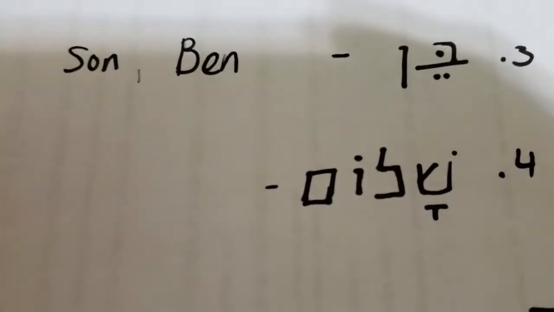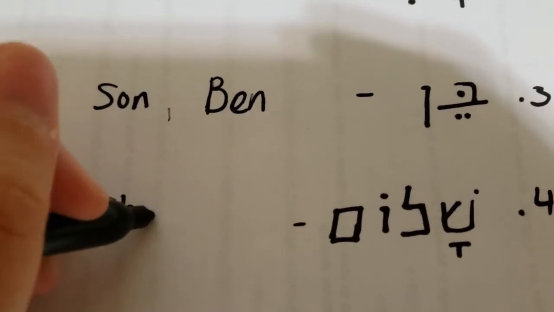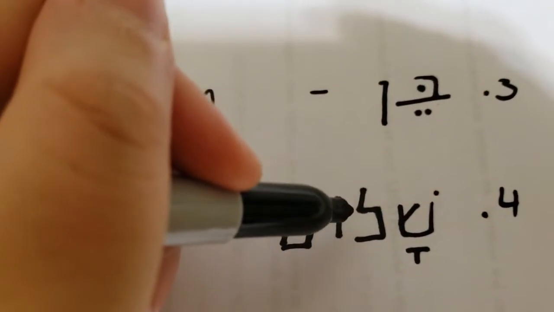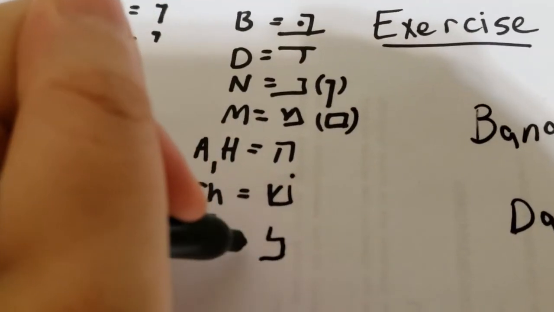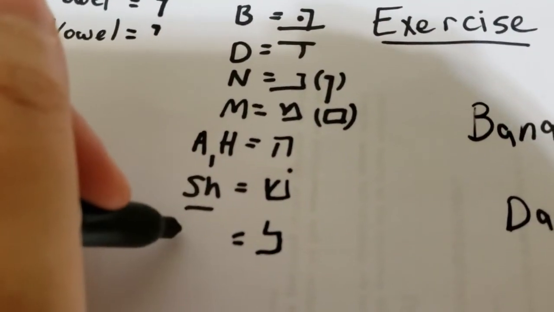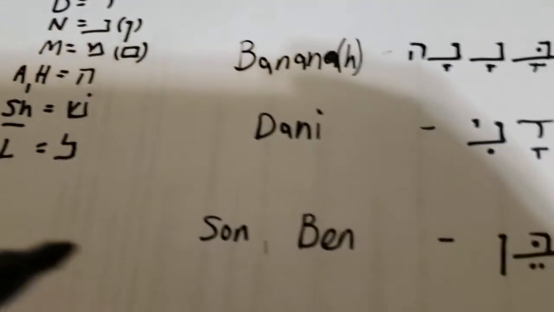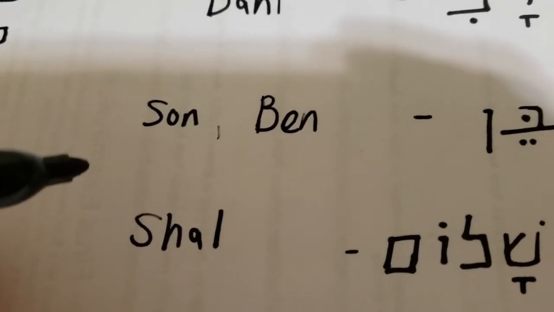Kamatz under is sh and then a. So sha. Next letter is, I didn't write it either, interesting. Lamed, which is L. So we have sha, we have a lamed, which is L.